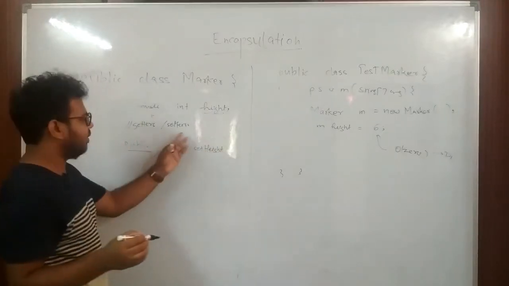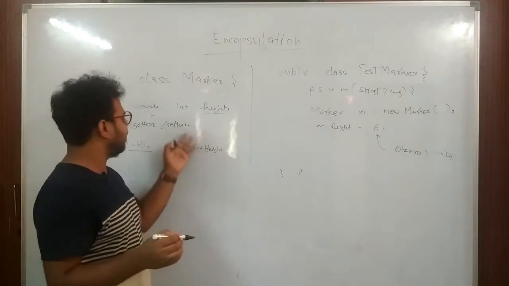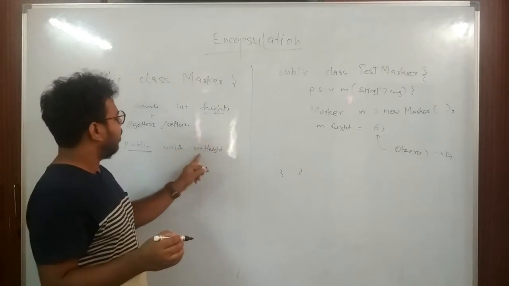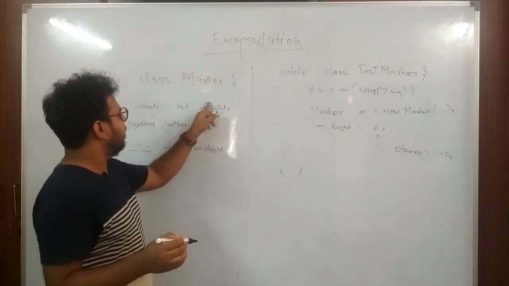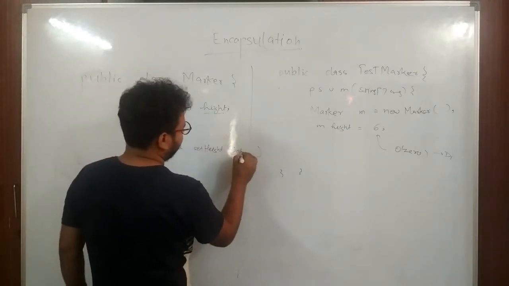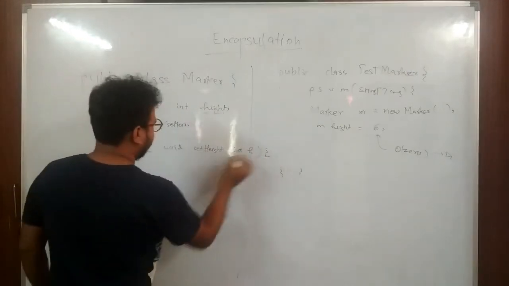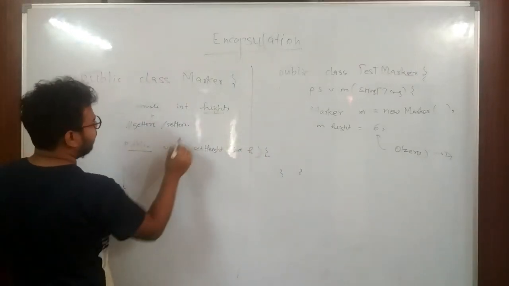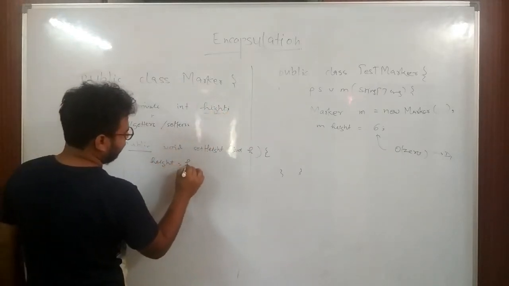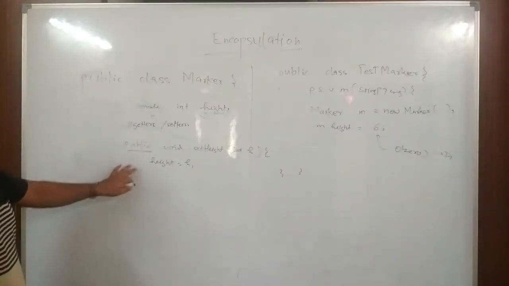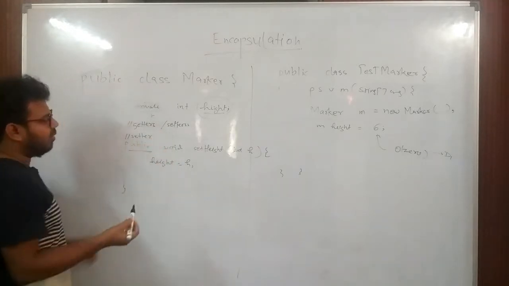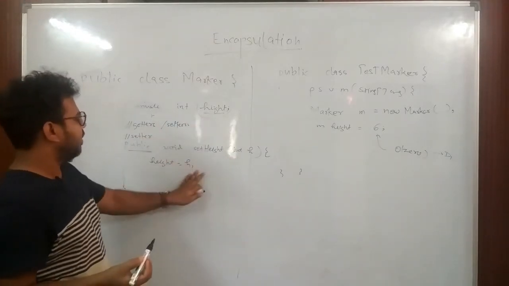Generally you can write anything here, but we follow the convention: we write set and make the first letter capital, setHeight, with int h, and inside it we write the instance variable height equal to h. So this is our setter method, that is, we are setting the value of height with the help of this.